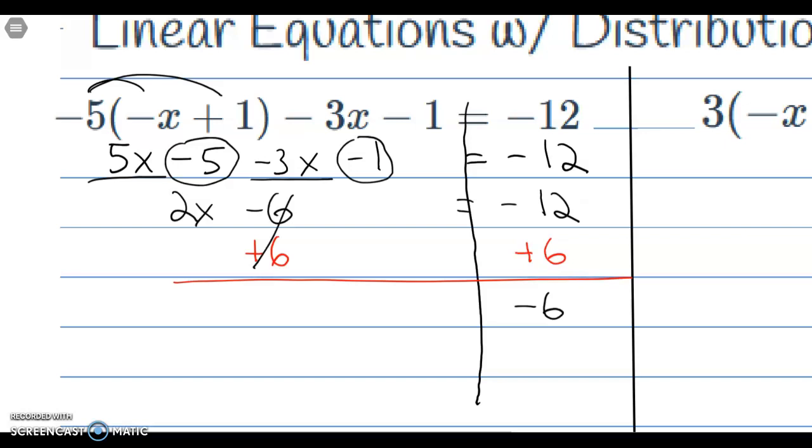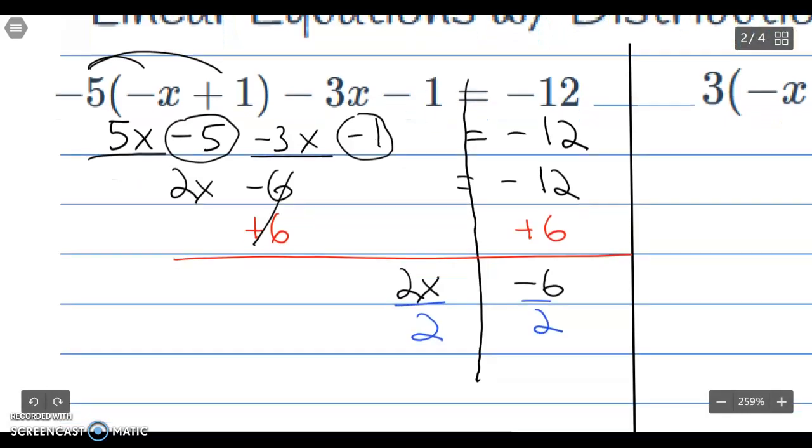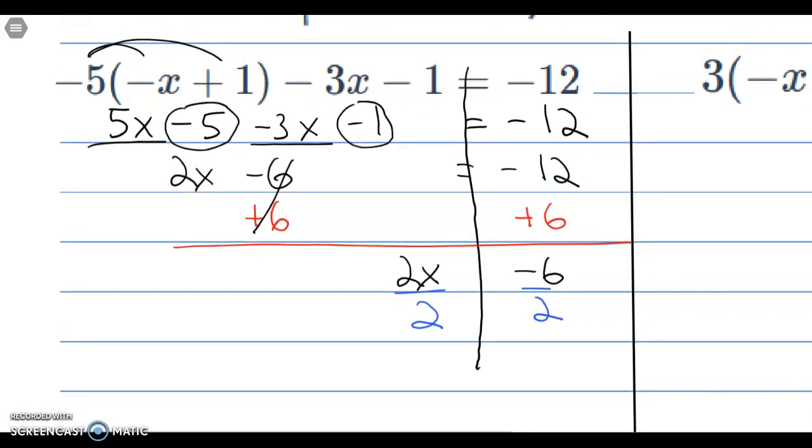Then I'm going to bring down this 2x over here. My last step is just to divide by 2 on both sides. The 2s will cancel out, leaving x is equal to a negative divided by a positive, which is a negative, and then 6 divided by 2, which is 3.